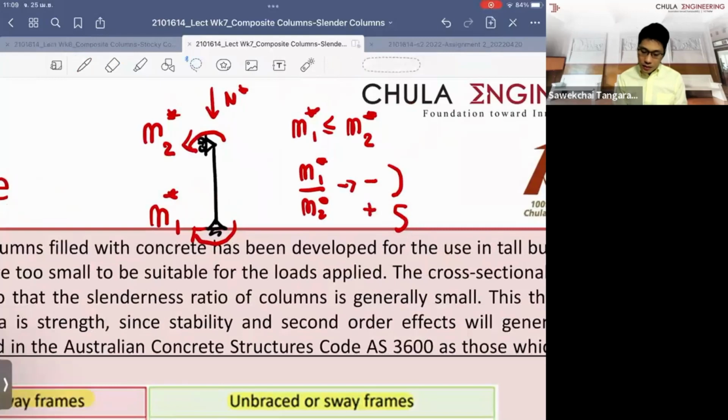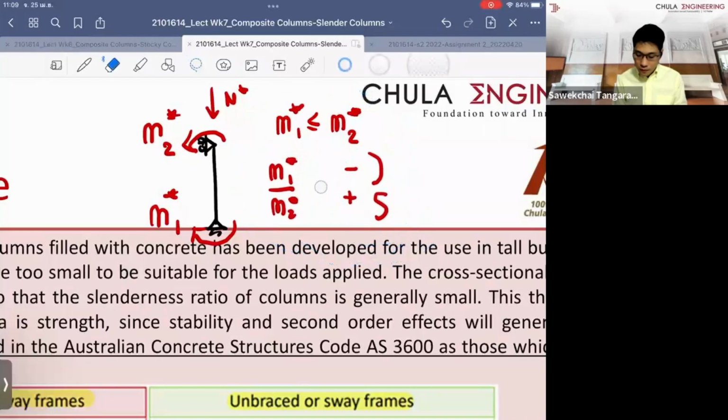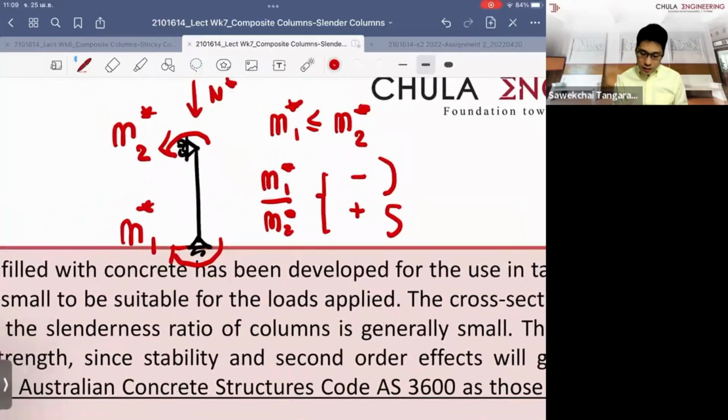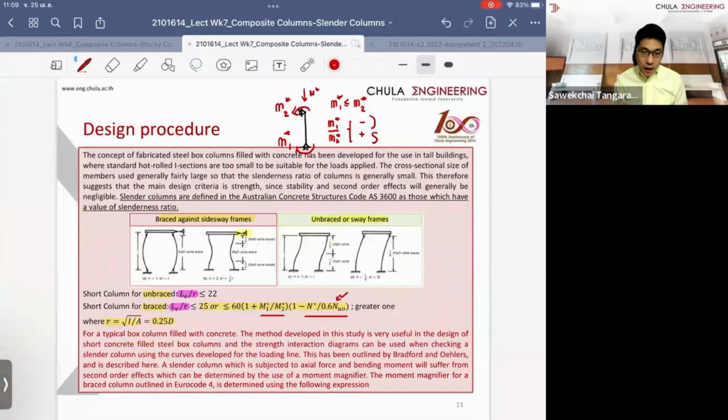This will be discussed when we calculate the moment magnifiers, similar to what we have for steel. For the time being, let me stop at this point.